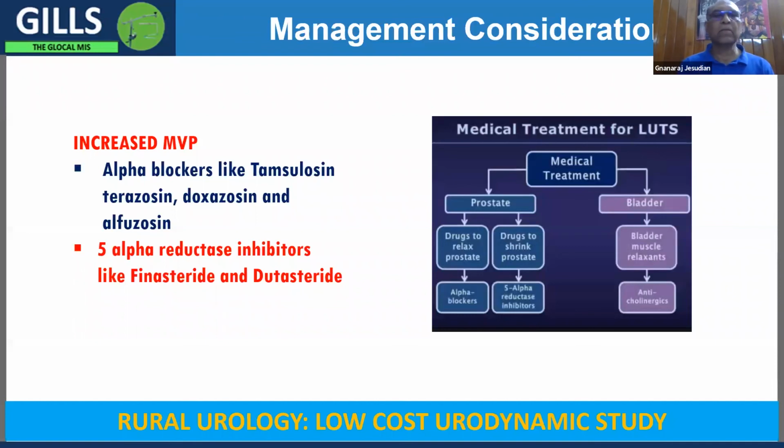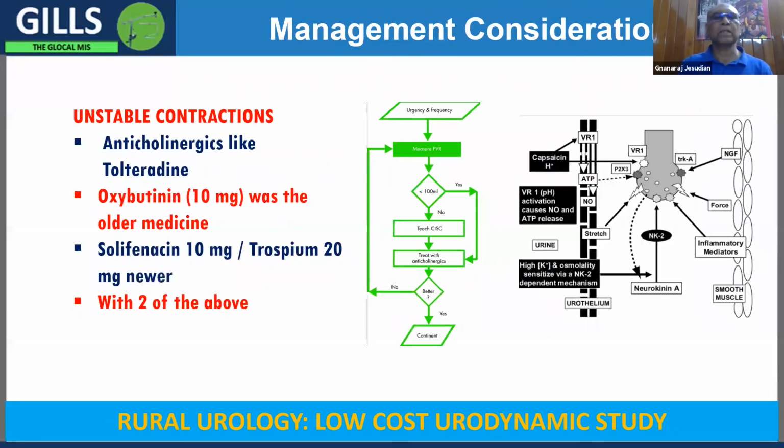We can use alpha blockers like tamsulosin, which decreases the tension in the prostate, or drugs like finasteride or dutasteride, which decrease the volume of the prostate. Then we can use anticholinergics like oxybutynin or tolterodine if there are unstable contractions.